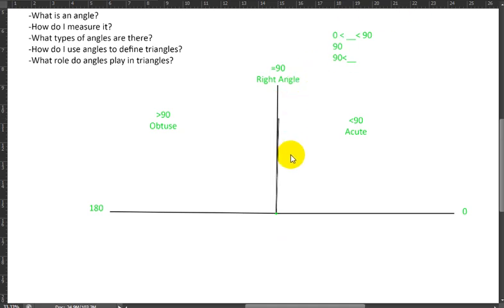You've heard us talking about that a lot in previous years. We were saying, for example, that squares have right angles and rectangles have right angles. What does that mean? We used to say that it's when two lines make a cross. That's not really the definition. The real definition is an angle that is 90 degrees.